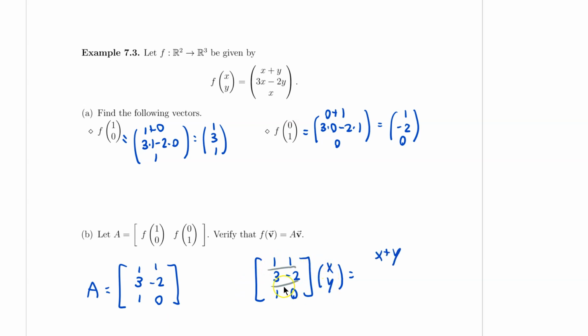The next entry is going to be 3 times x plus negative 2 times y, so that's going to be 3x minus 2y. And the last entry is going to be 1 times x plus 0 times y, so that's going to be just x. Notice that this is the same as what we have from earlier, so the function f that we have from earlier is just the same as multiplying the vector (x, y) with the matrix A that we have here.